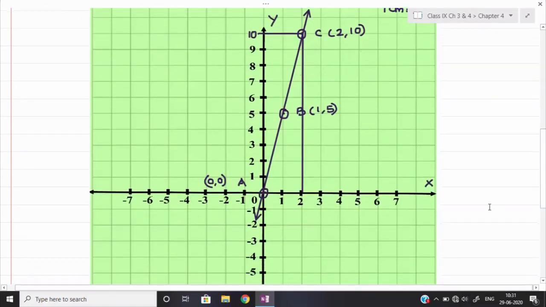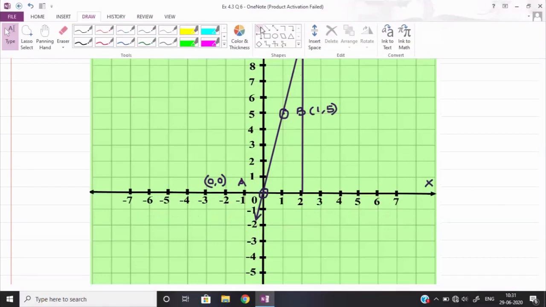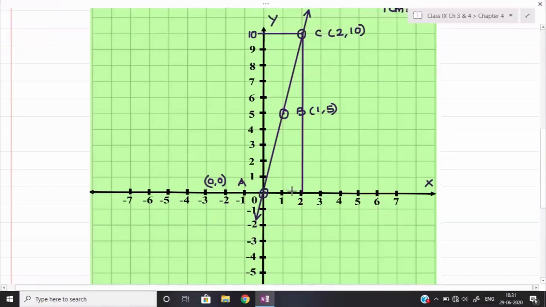Suppose I take the value of x equal to 1.5. Observe, again I will draw from 1.5 one line over here, and let us see where it intersects the graph. I think it has not intersected up till now.